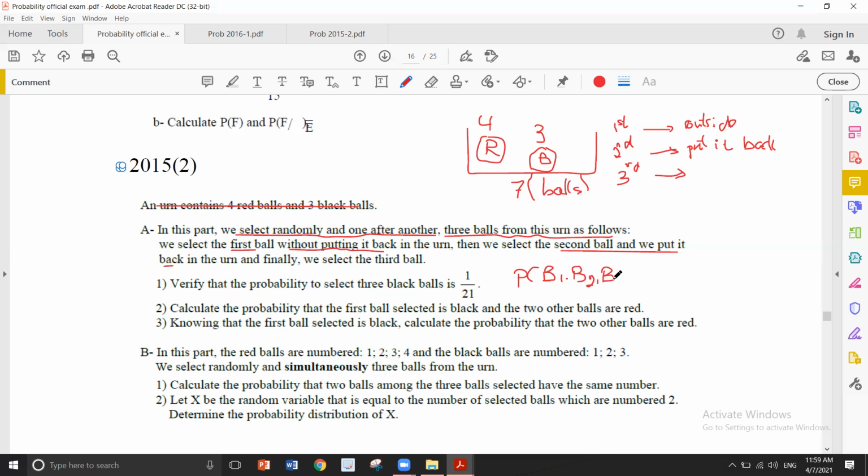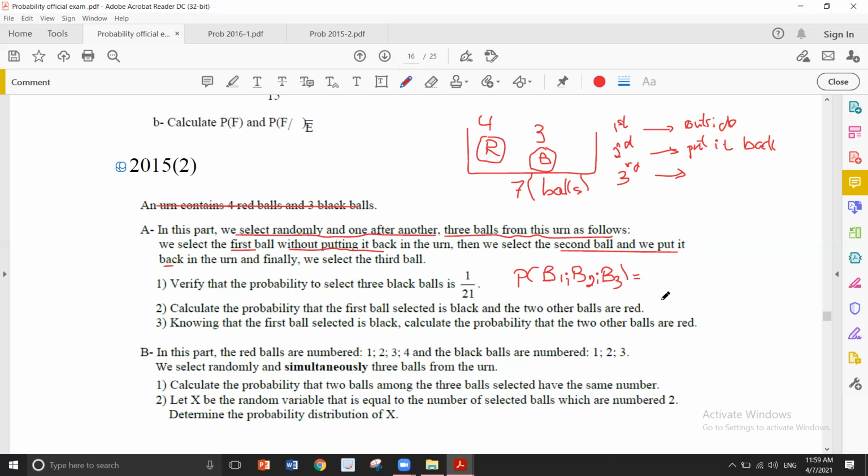Who can tell me how to calculate this probability?